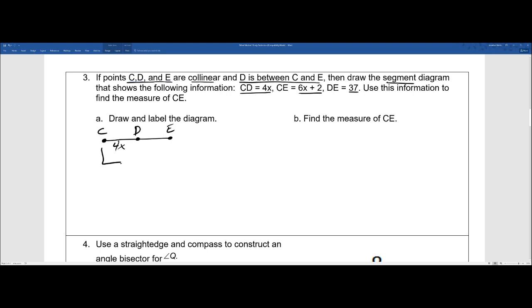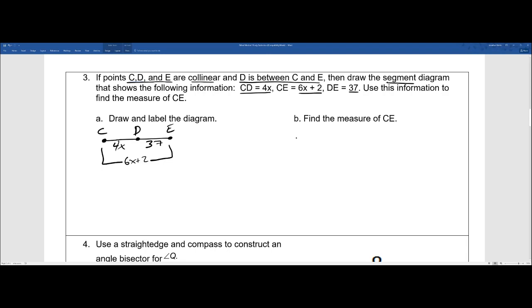CE, remember, is the whole segment, 6x plus 2. DE, they give us 37. Then we're going to set this up algebraically. So there's the diagram. We did it correctly.